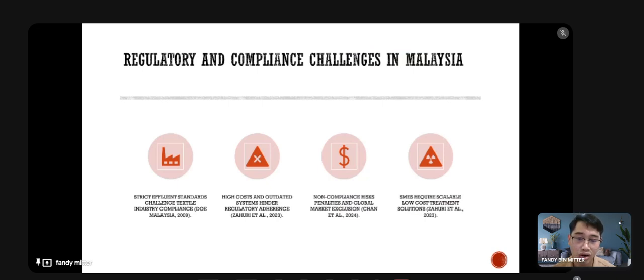It will cause high costs, and outdated systems will hinder regulatory adherence according to Zahuri 2023. And also non-compliance raises penalties and global market exclusion. And the fourth one, SMEs require scalable low-cost treatment solutions. Okay, this is the regulatory and compliance challenge.